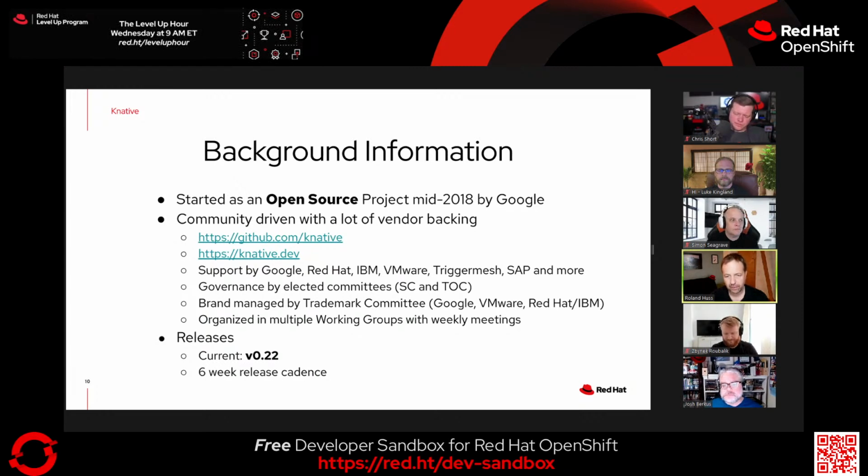You find the coordinates for the project on the slides. The code is on GitHub, and there's a dedicated website. As I mentioned, there are big companies like Google, Red Hat, IBM, VMware, and so on that are supporting Knative. And recently, in the last year, some changes happened for the governance.